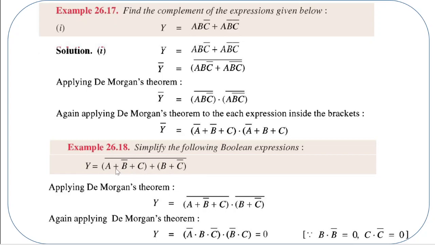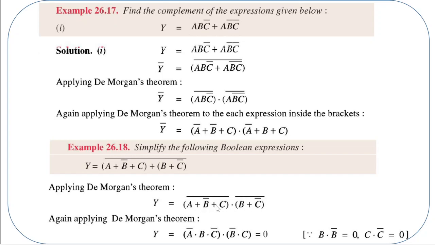So this is nothing but A plus B bar plus C whole complement dot B plus C bar whole complement. Once again, you need to apply De Morgan's theorem because you have the complement of the sums here.